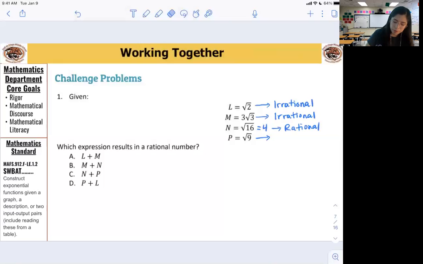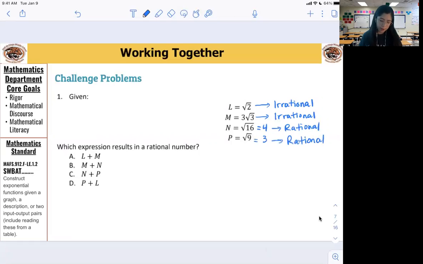How about the square root of 9? Irrational. What is the square root of 9? Oh, 3. What type of number is 3? Rational.